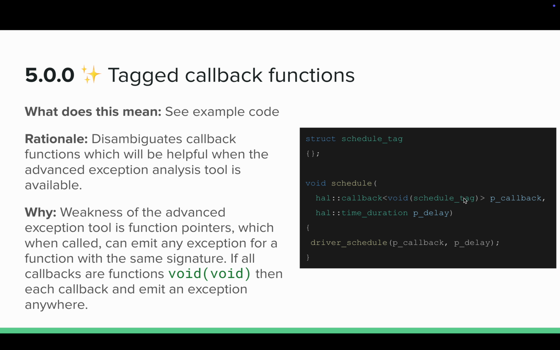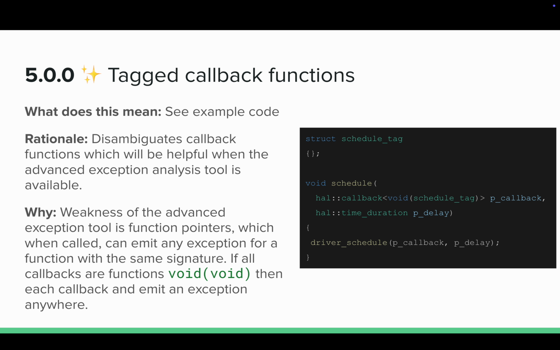The issue was that before, when schedule just took void and void, it meant that every single callback in the entire code base that returned void and took no arguments would propagate those exceptions to any function that ever called any one of those. So you get exceptions being thrown all over the place throughout your code base, and it'd be really difficult to figure out which ones are false positives from callbacks and which ones aren't.